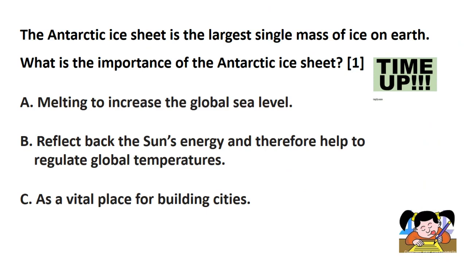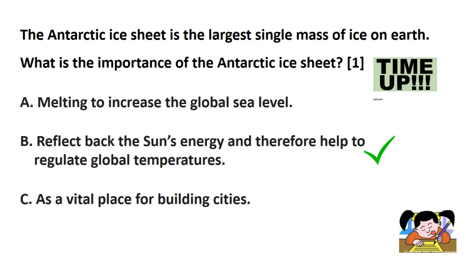So what is the importance of the Antarctic ice sheet? Okay, and the answer is B, to reflect back the sun's energy and therefore help to regulate global temperatures. It is not a vital place for building cities, not at all. Importance is not because we want the global sea level to increase. That's not important.